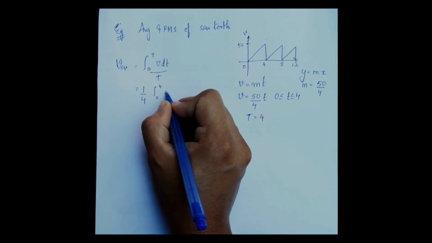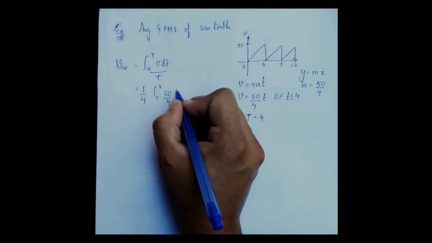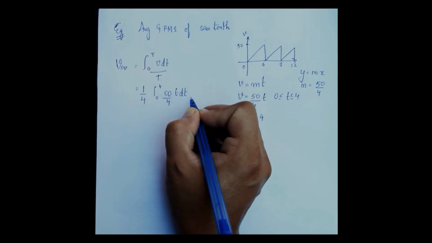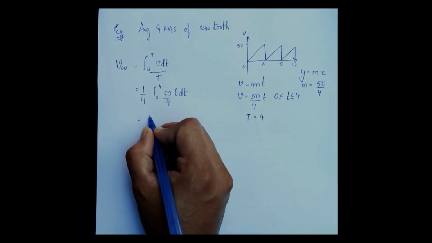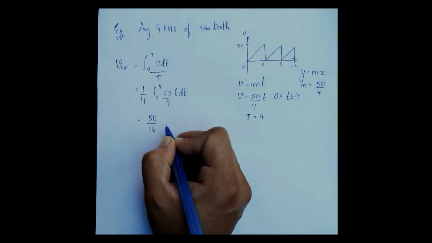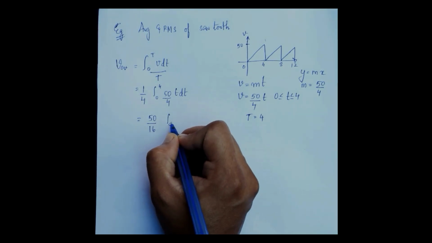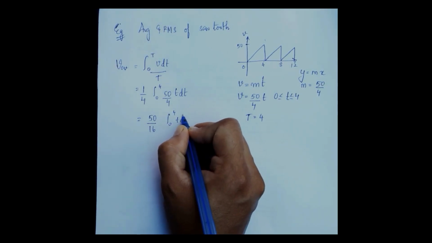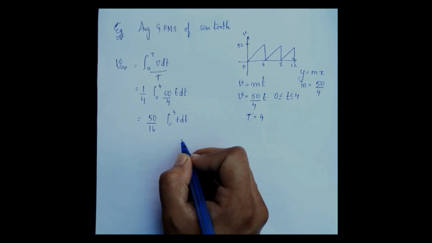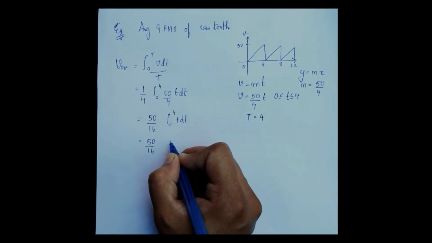Substitute for V. Integral of t is t square by 2. These are simple numericals that they can ask.